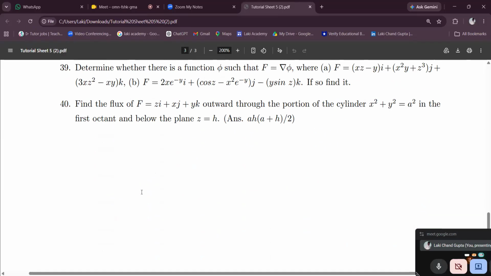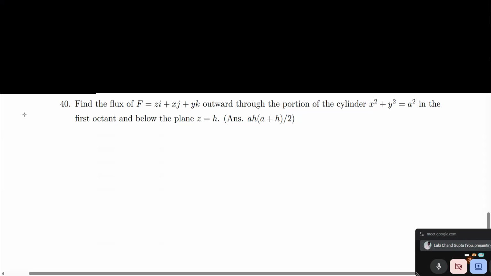Question number 40. F is xz i, x j, y k.